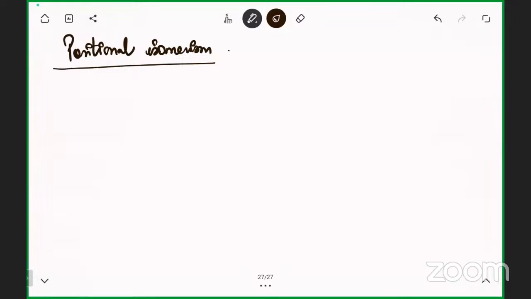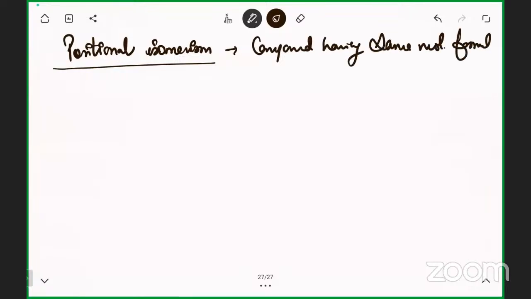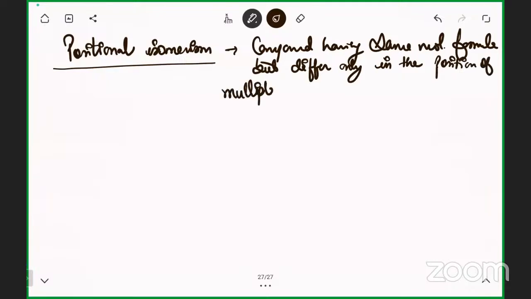Compounds having the same molecular formula but differing only in the position of a multiple bond or functional group. Either the position of the double or triple bond is different, or the functional group position is different. That type of isomers is known as positional isomerism.